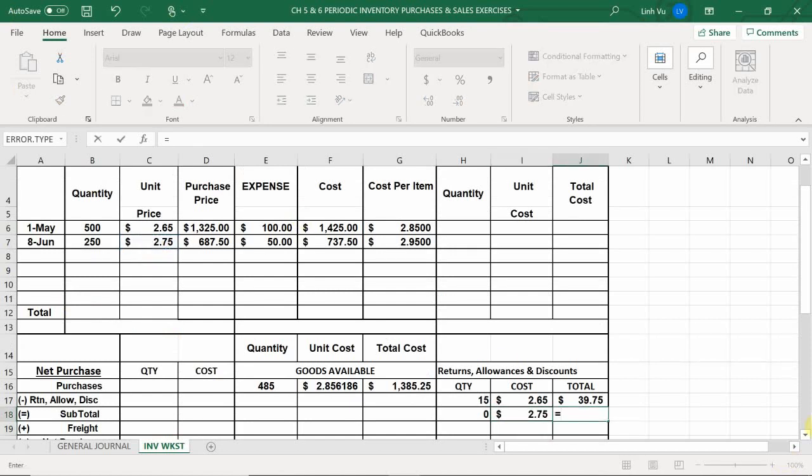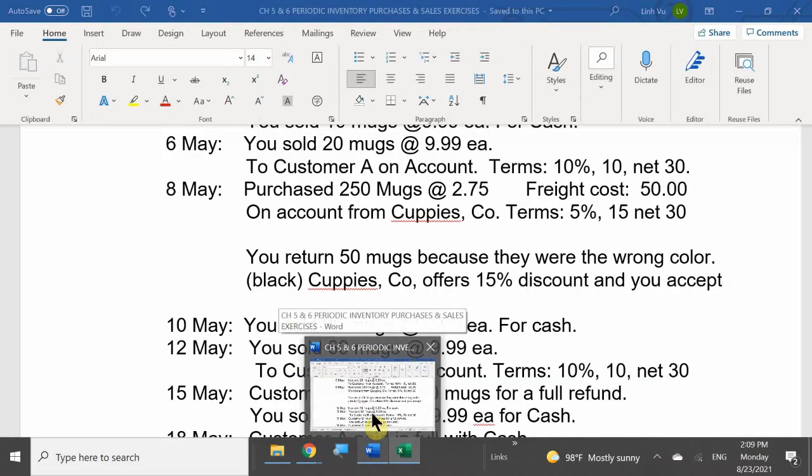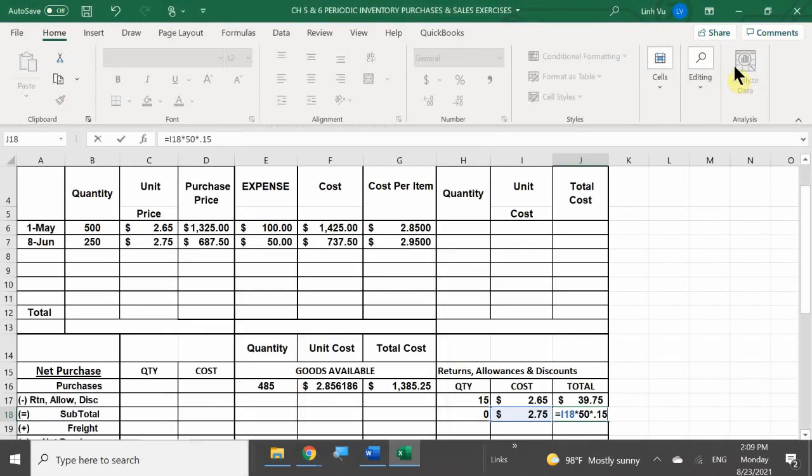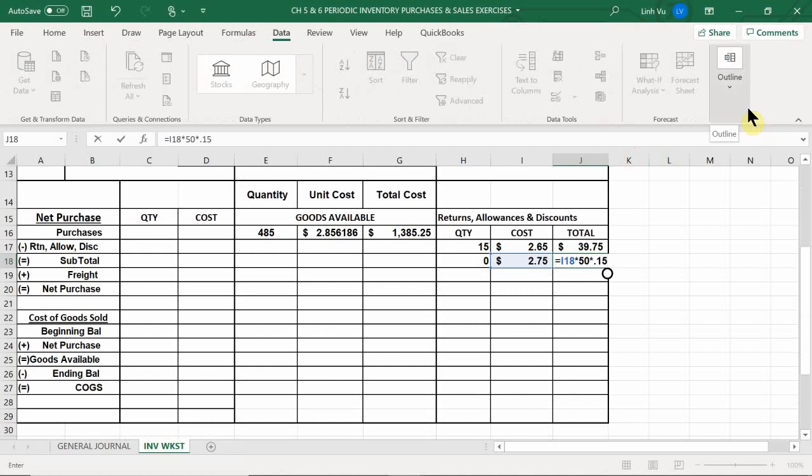Now, I am going to take 2.75 times 50 times the, how much was it, 15%? So my discount was 15%. So in this case, what's my total amount that I should be getting an allowance for?